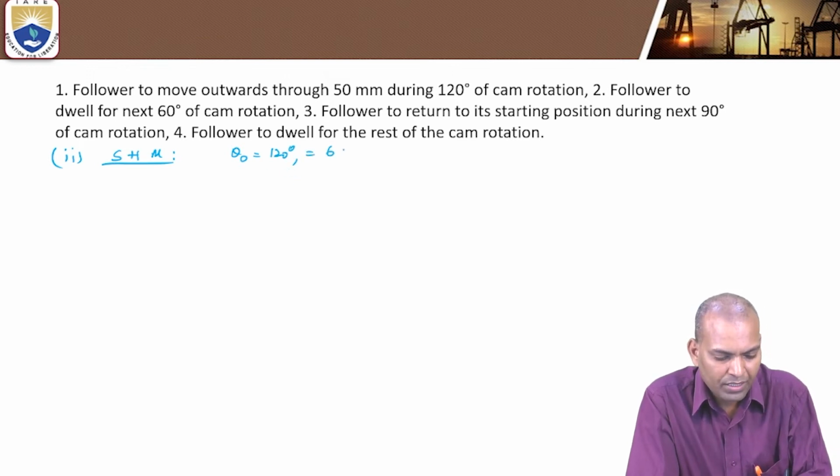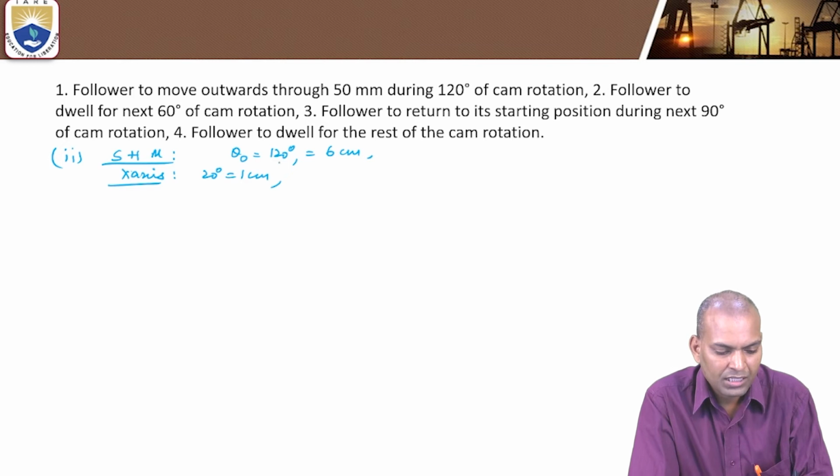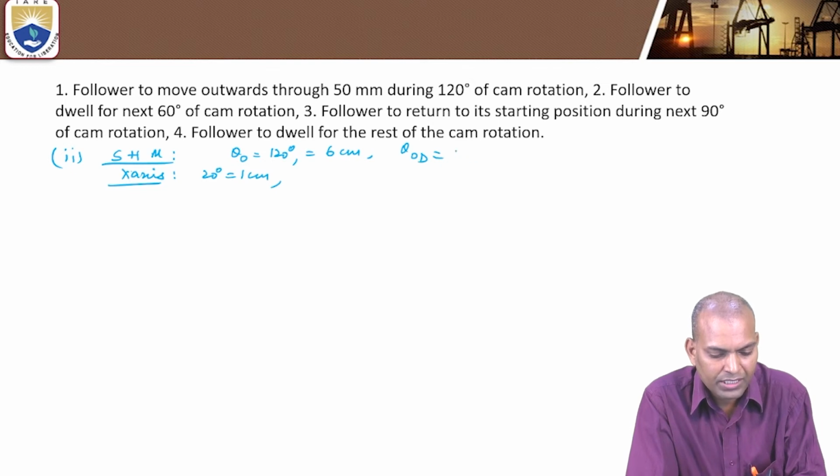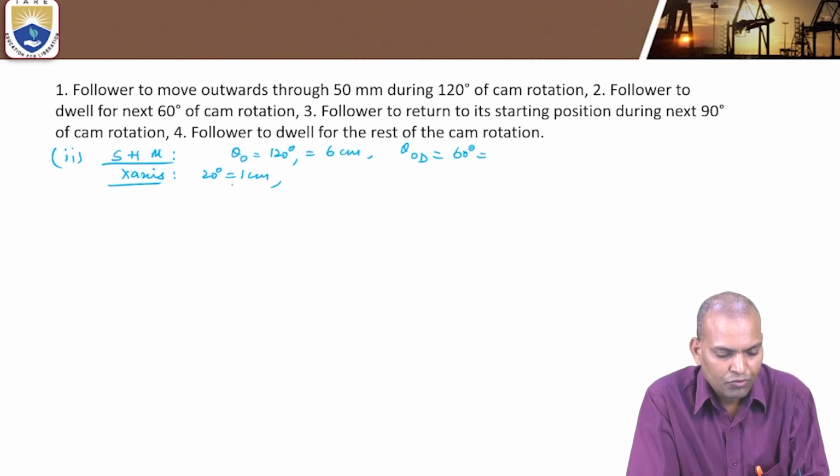Theta O becomes 6 centimeters here. The scale on the x-axis is how much? 20 degrees equal to 1 centimeter. Then theta O becomes 6 centimeters. Then theta OD, that is 60 degrees. So 20 degrees equal to 1 centimeter, it becomes 3 centimeters.